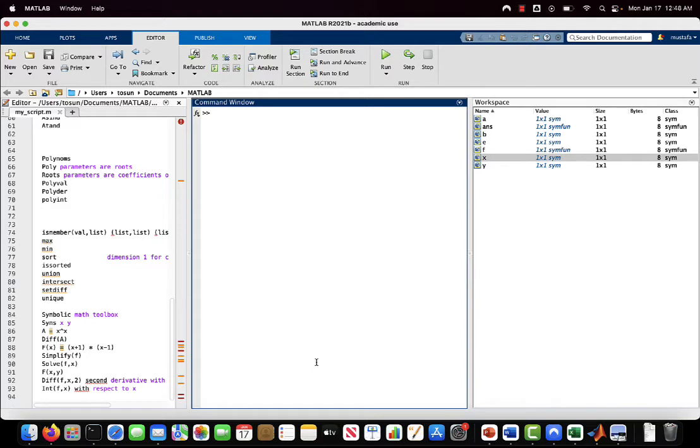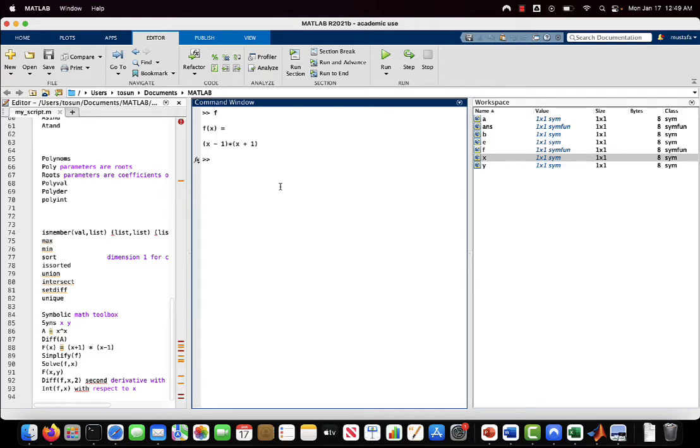Let's clear our window. And to find the roots of my function or of any expression, I can use solve.